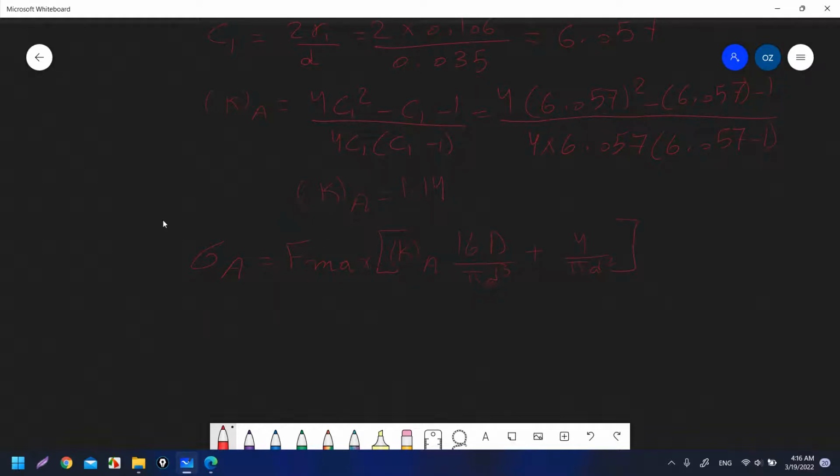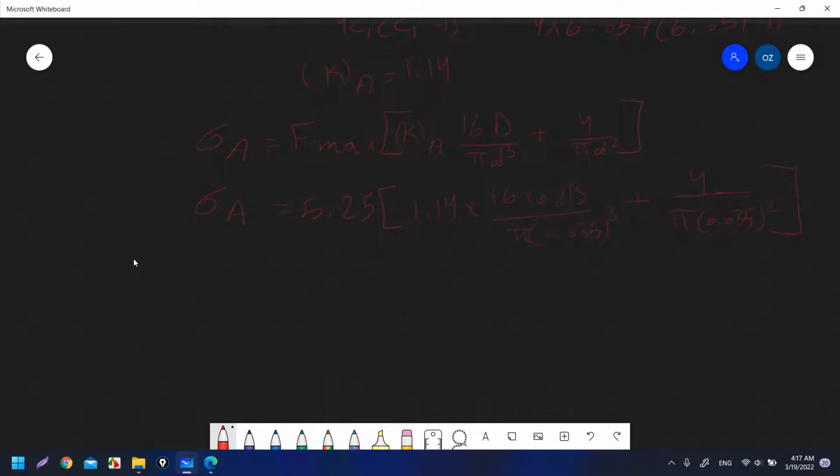Okay, sigma A is equal to F max is 5.25 times 1.14 times 16 times 0.213 over pi times 0.035 cubed plus 4 over pi times 0.035 squared. This will give that sigma A is equal to 156.9 kilopound per square inch.